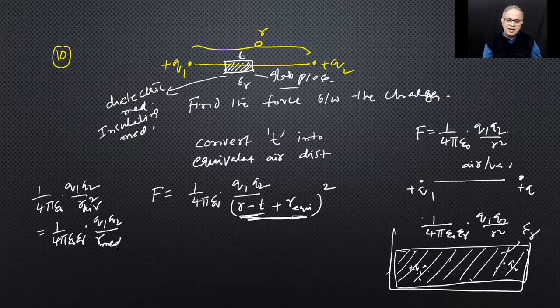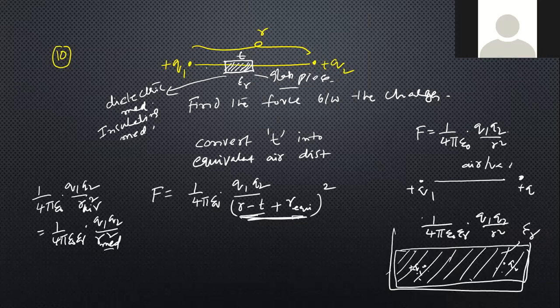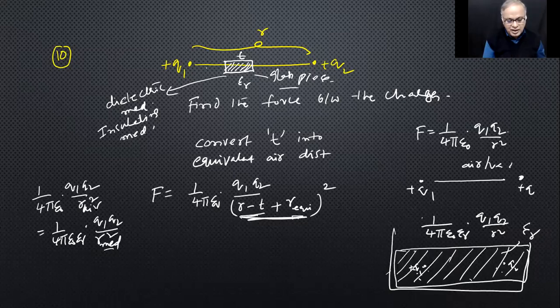If you place the charges in air at R air, the force would be the same as if you place them in a medium at a distance R medium. That's what you mean by equivalent air distance.